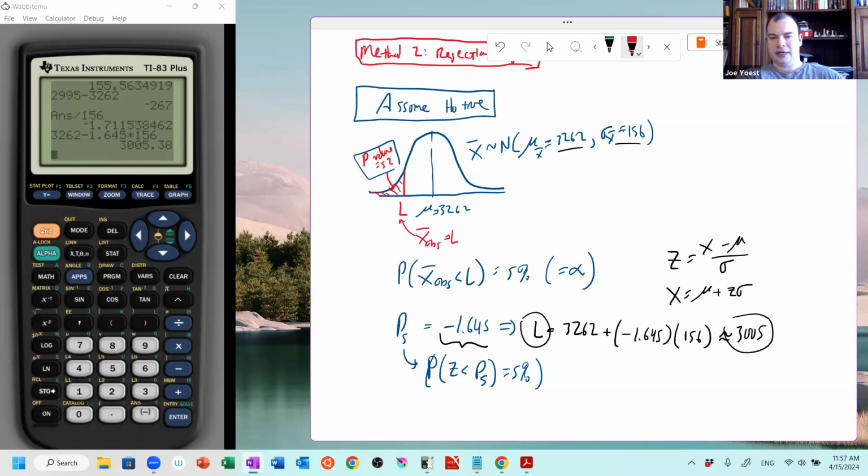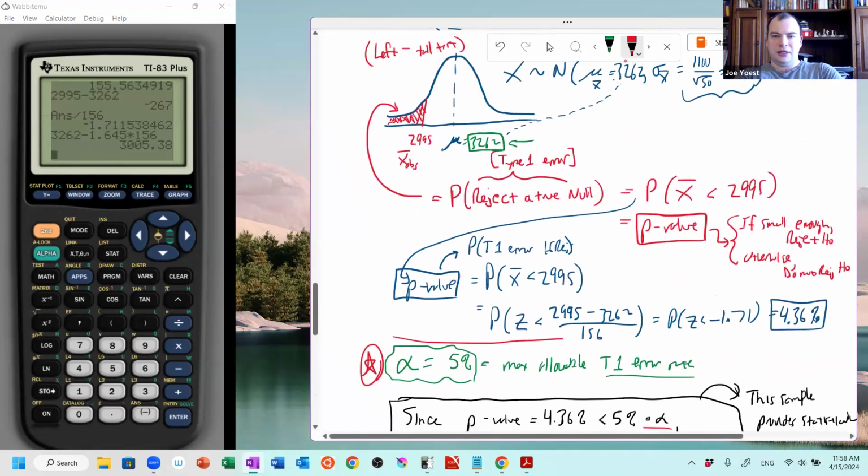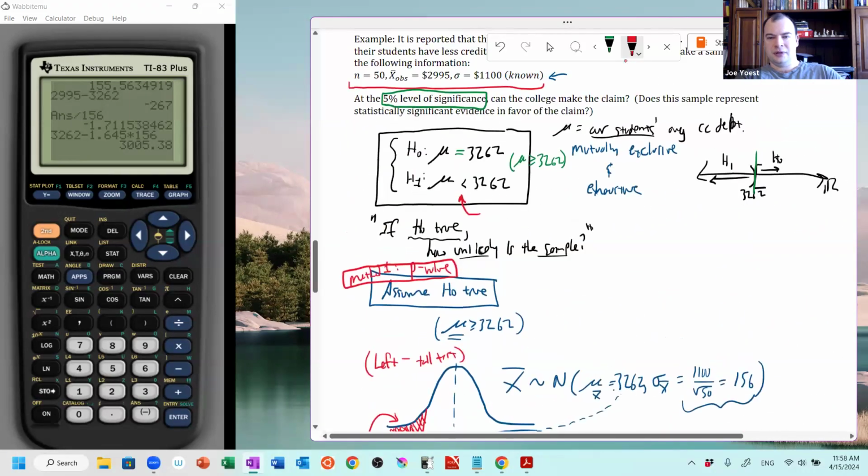So I have a lower bound of 3005, and this is a left tail test. X bar observed farther to the left provide stronger evidence against H naught and in favor of H1. Again, because H1 has a less than sign. If I had X bar observed way off to the right, that wouldn't be evidence at all that mu is less than 3262.